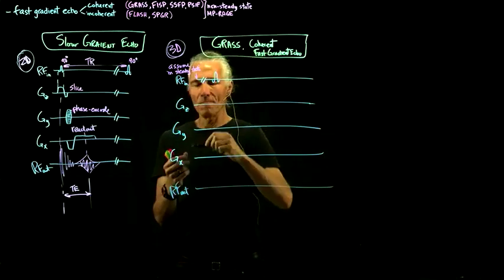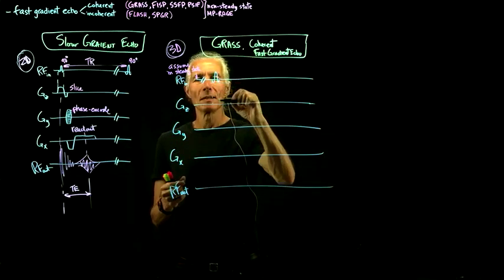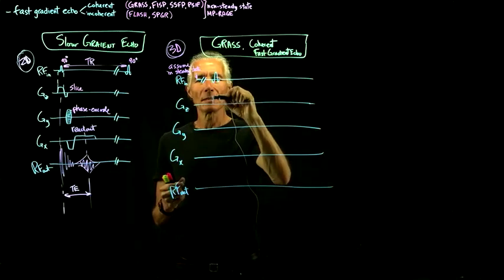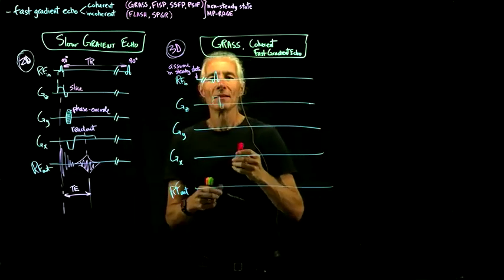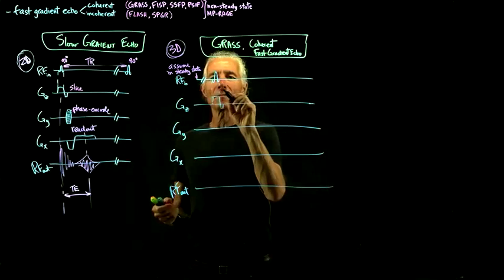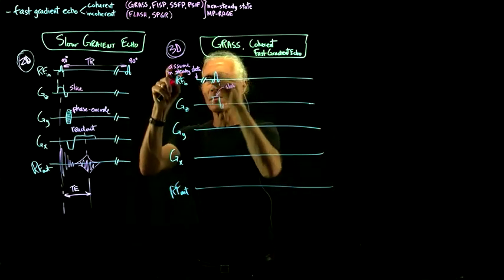Okay, so now basically we do something like select a slice or a slab. So this would be slab select, because we're doing 3D.